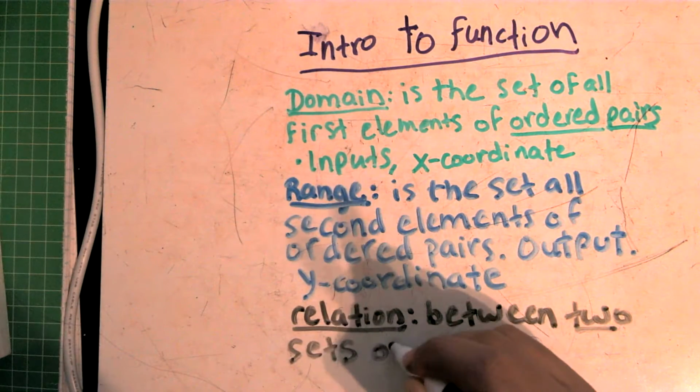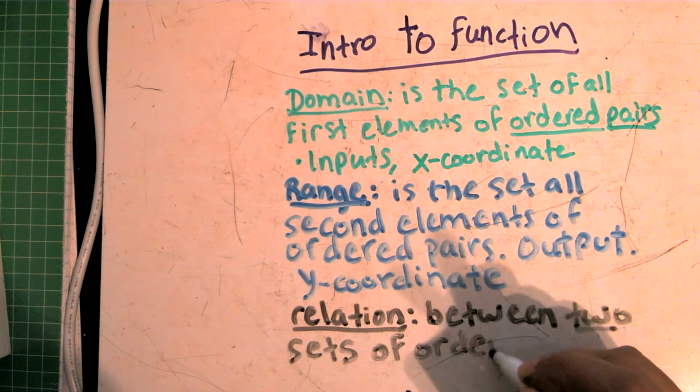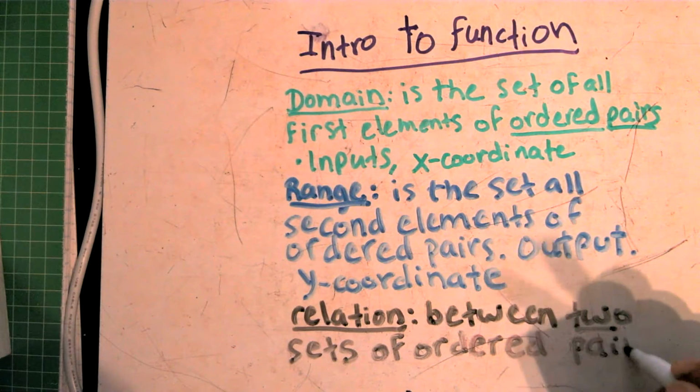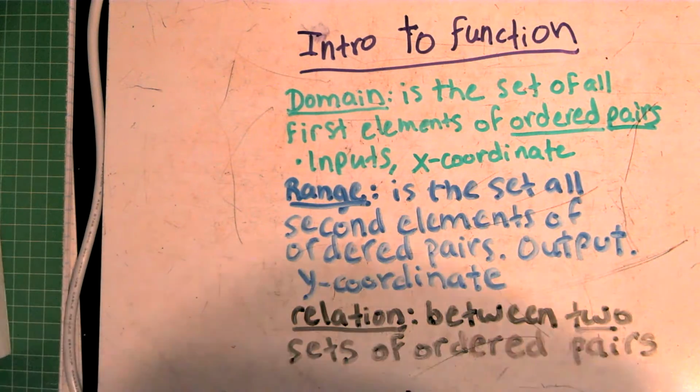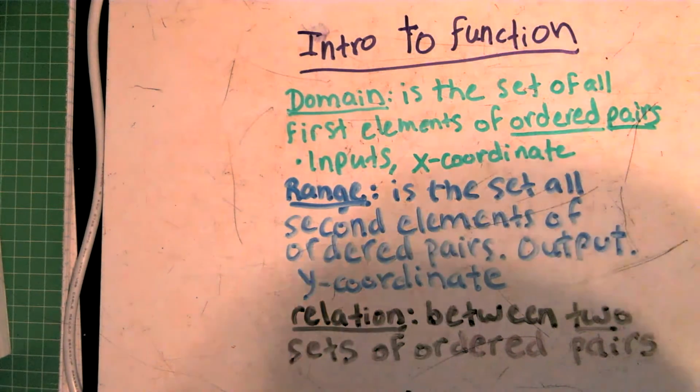So order matters. I really have to get new markers. My apologies. Of ordered pairs, containing one object from each set.